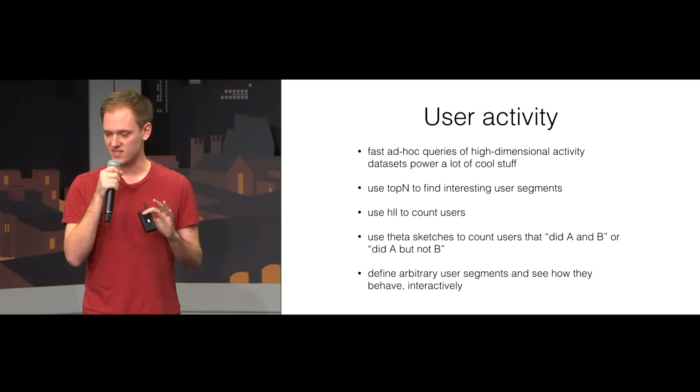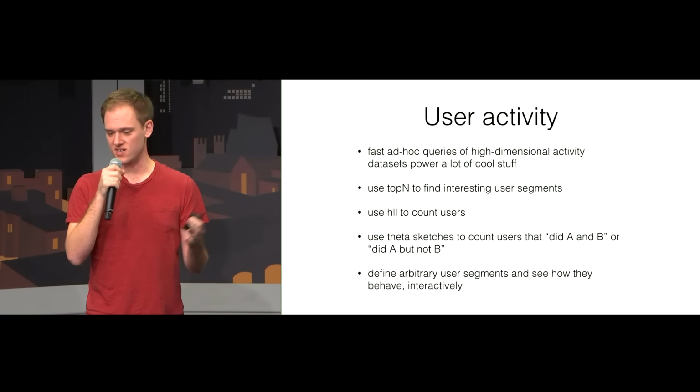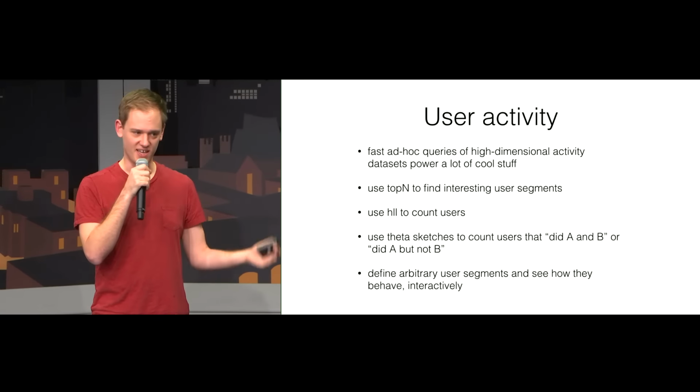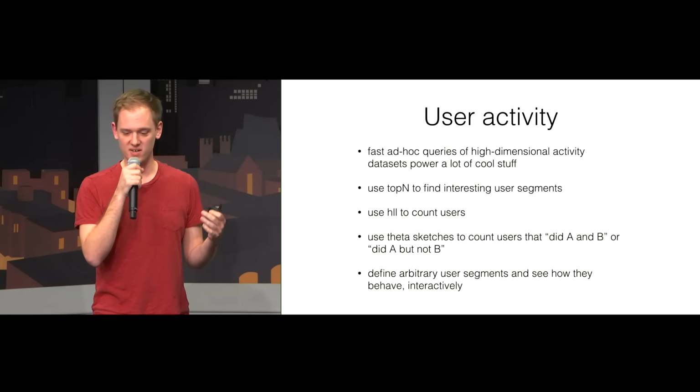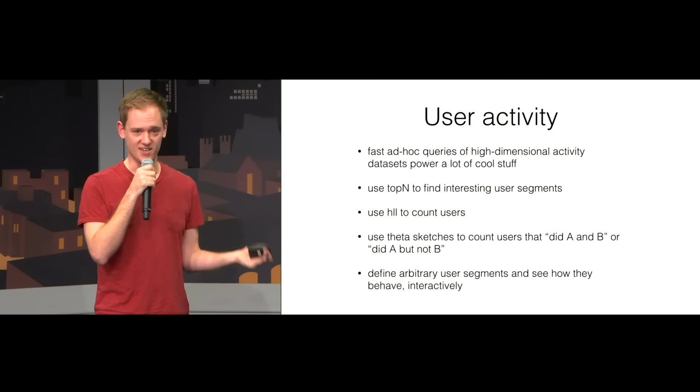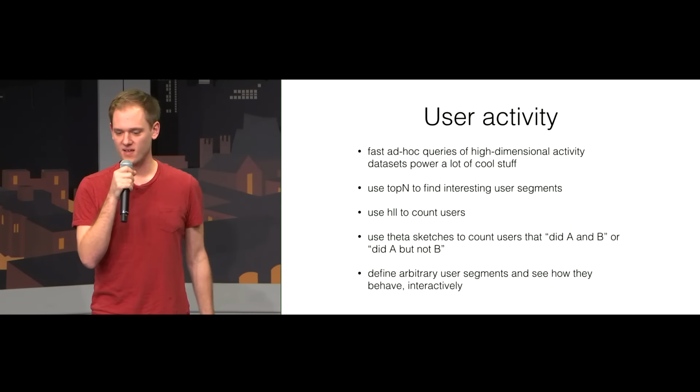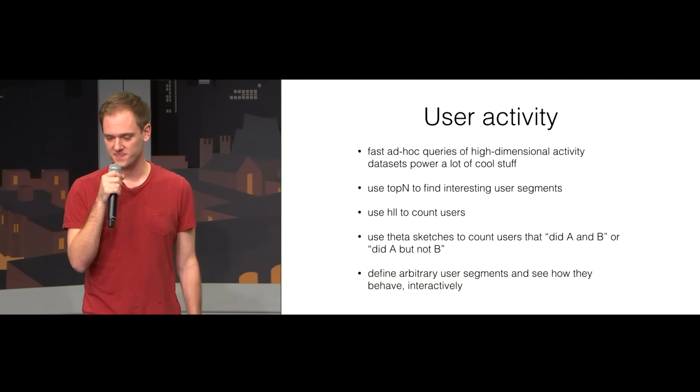You can use HyperLogLog, another approximate algorithm, to count users. You can use theta sketches, another approximate algorithm that we have, to count users that did two things, or did A and B, so bought product A and bought product B, or did A and not B, maybe bought product A and did not buy product B. And these, again, are approximate answers that you're going to get.